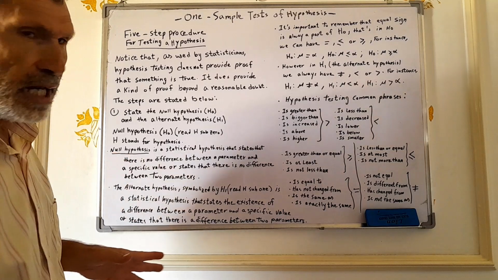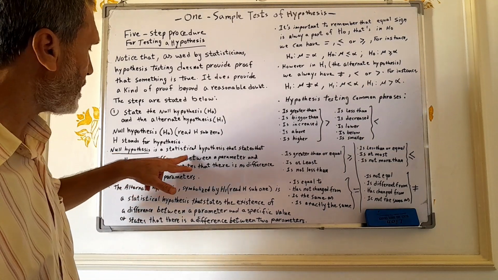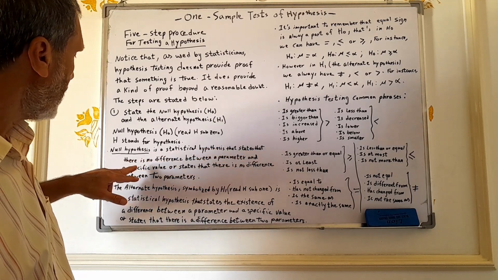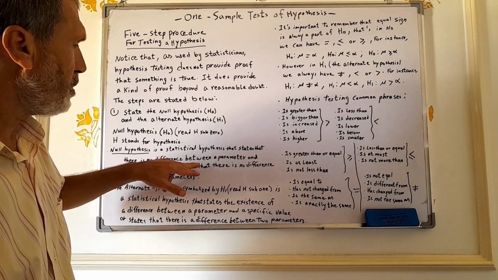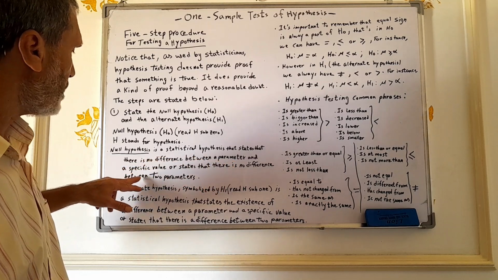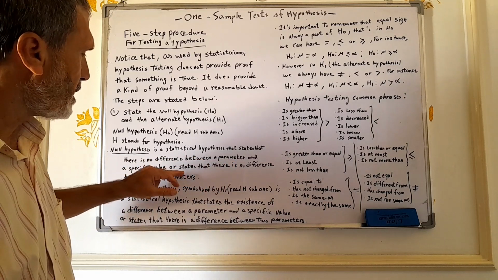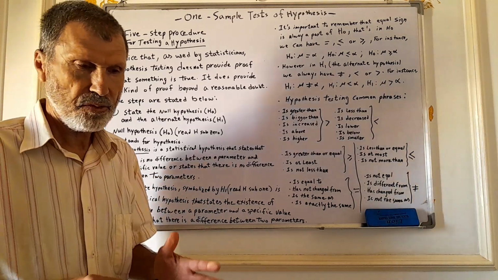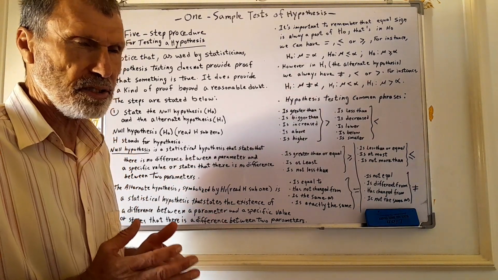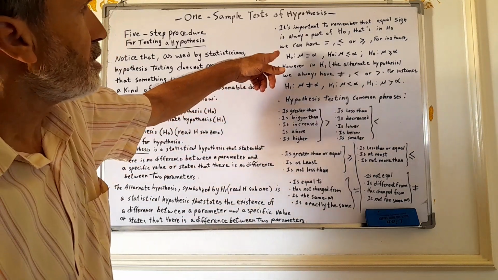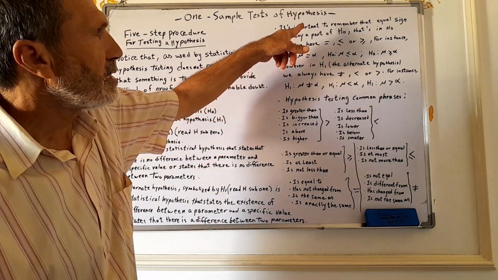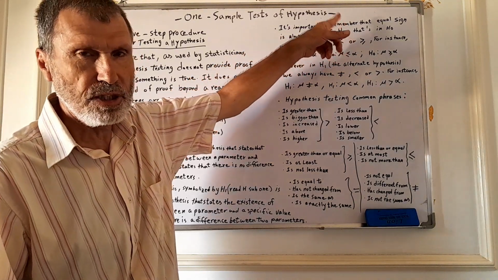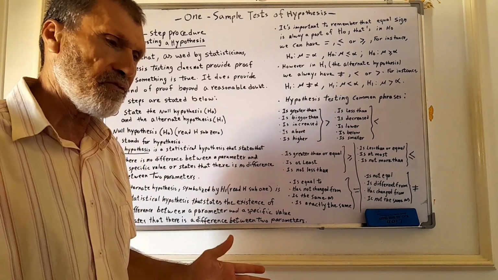Now, what is the null hypothesis? It is a statistical hypothesis that states that there is no difference between a parameter and a specific value, or states that there is no difference between 2 parameters. In the null hypothesis, the equal sign is always a part of H sub 0. There's no difference.